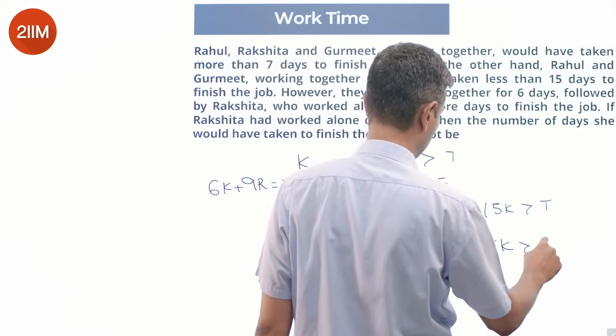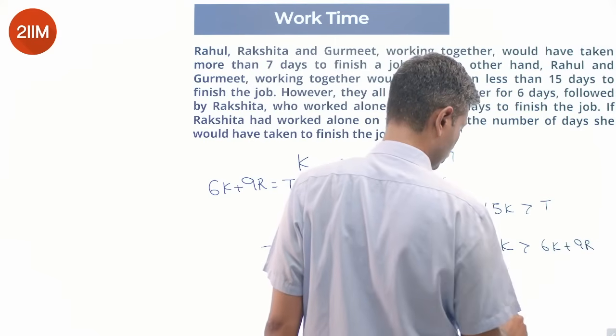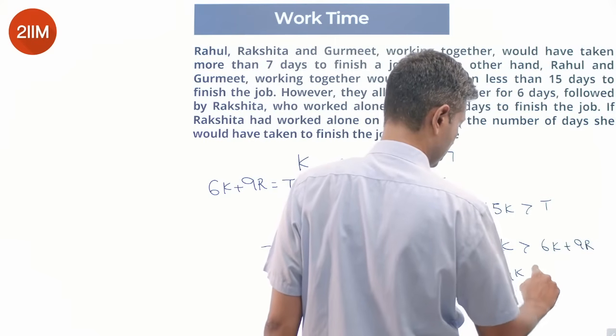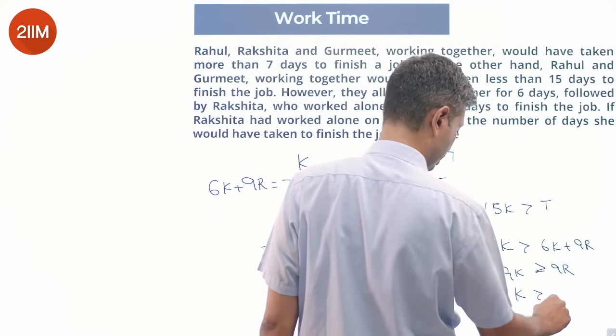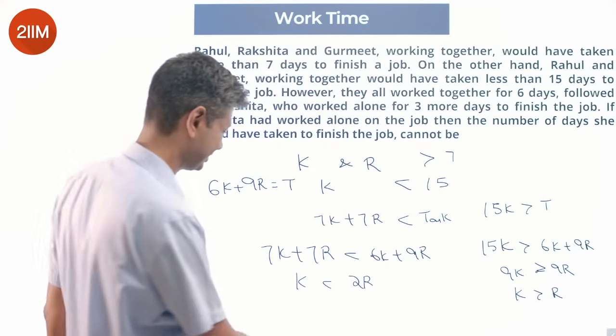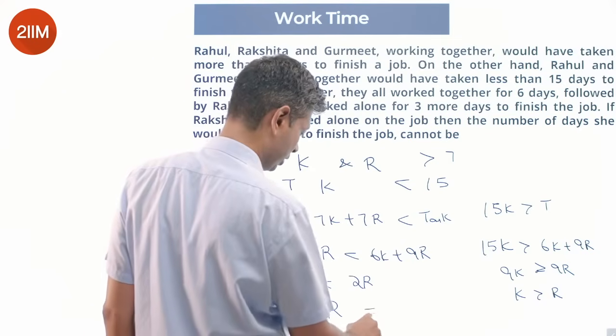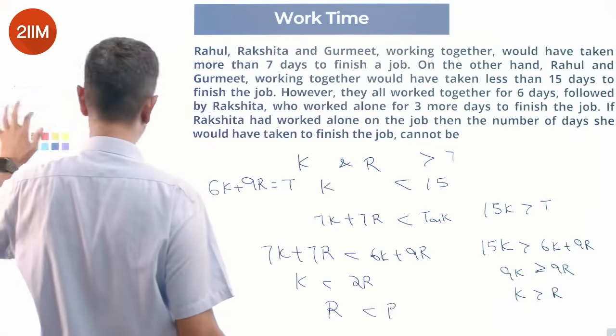And 15k is greater than 6k plus 9r, or 9k is greater than 9r, or k is greater than r. It's nice because it says k sits between r and 2r.